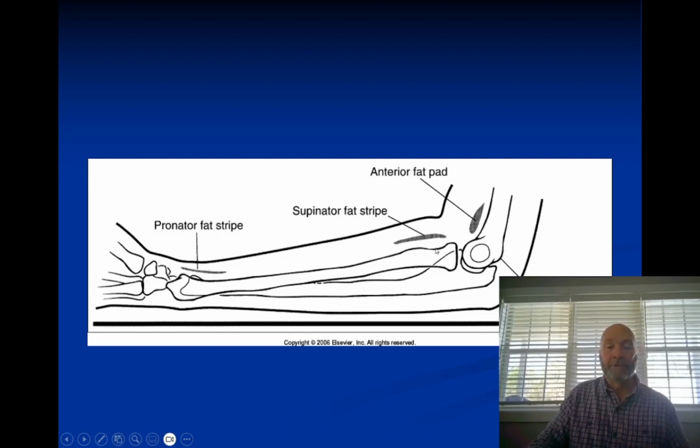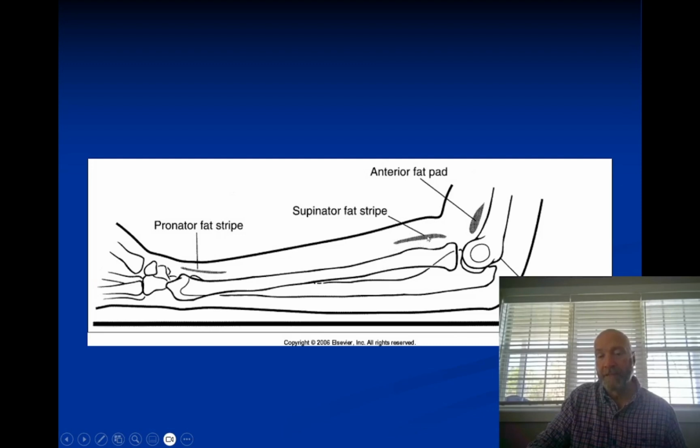So you want to be able to visualize all of those, and again, you probably are not going to see the posterior fat pad unless it's really badly displaced because of the divergence of the central ray. But when we get to elbow, it's vitally important that you get a good lateral elbow so that you can assess that. If this is pushed outward, it's a good indication you've got a distal radius ulnar fracture.